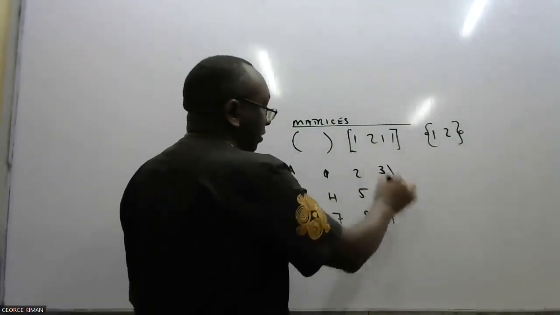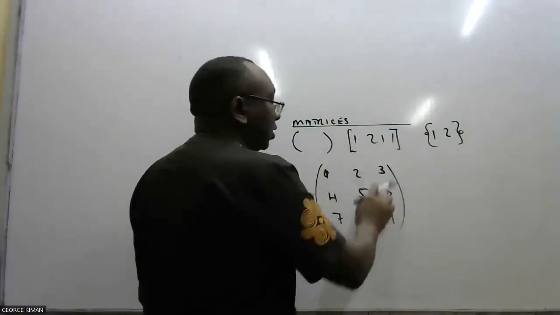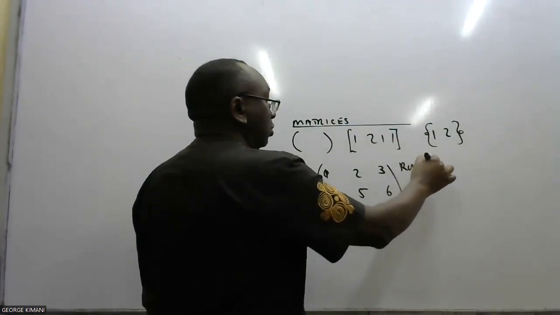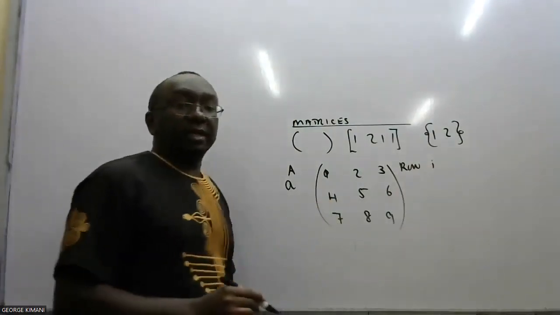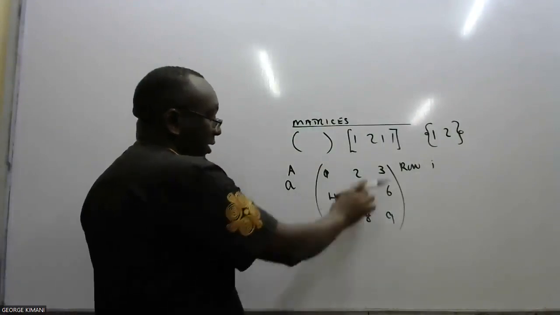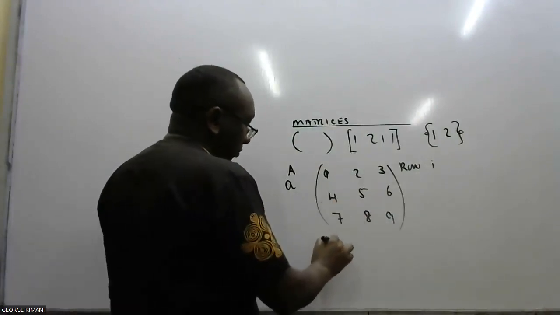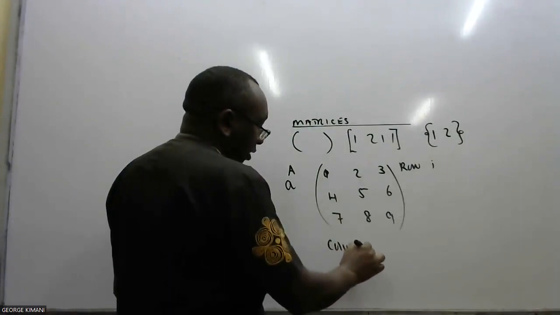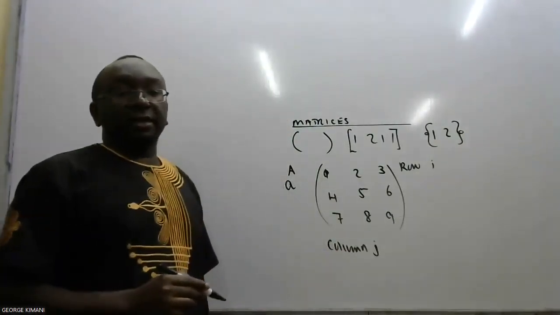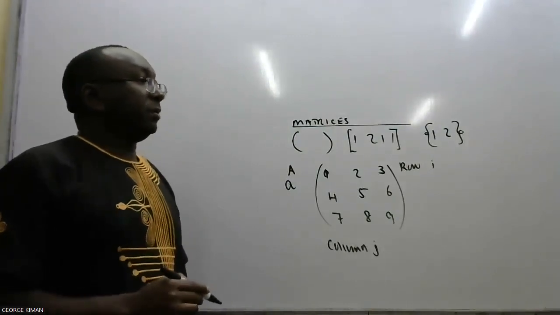This horizontal arrangement is called a row. And when you're talking about rows, we use small i to represent the number of the row. The vertical arrangement is called a column, and we use small j to represent that.